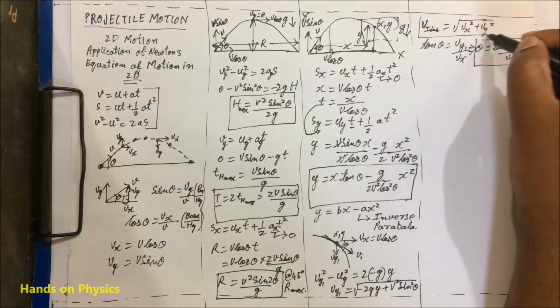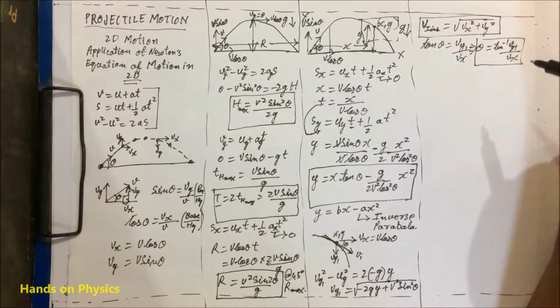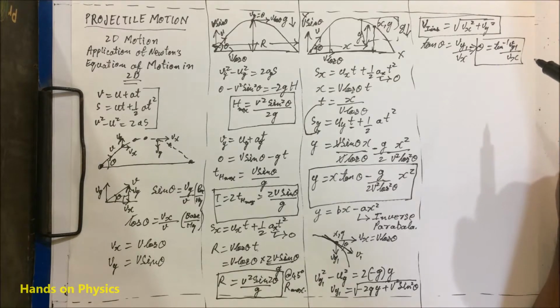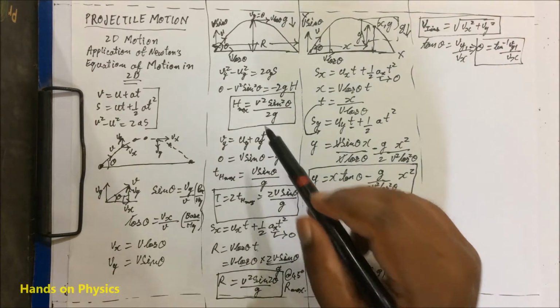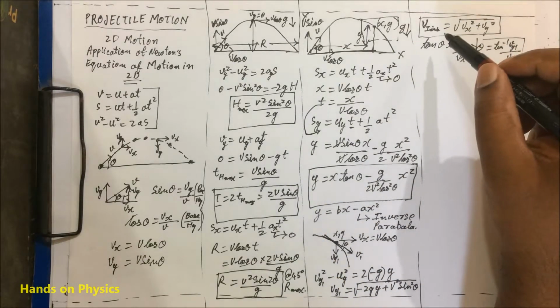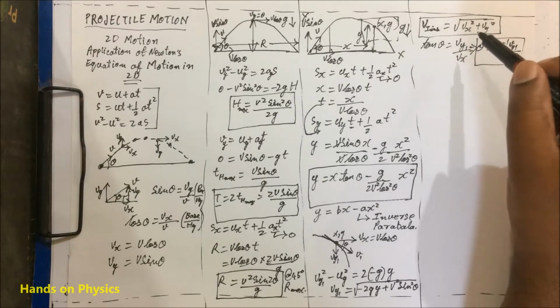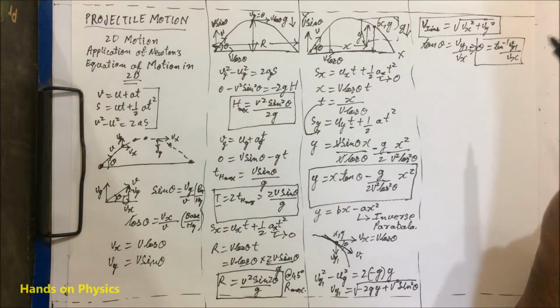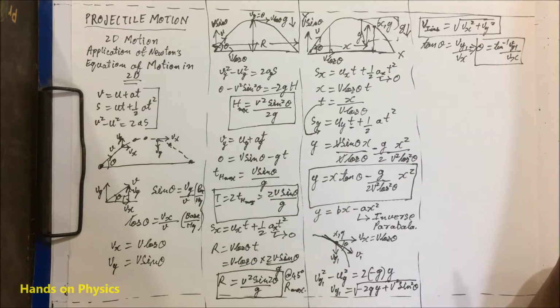So these are the formulas for instantaneous velocity and theta, the angle at any given point. Now we have found out the maximum height, the total time of travel, the range, the equation of the motion. Also we have found out the instantaneous velocity and the angle theta.